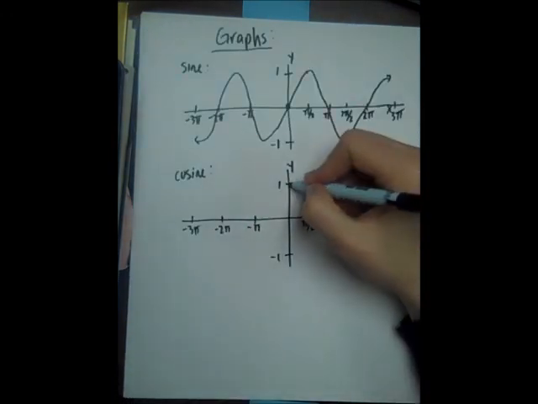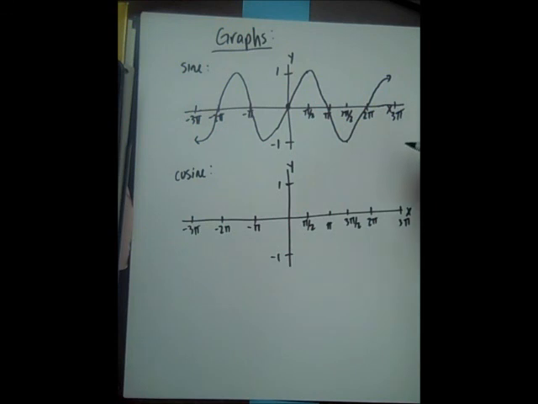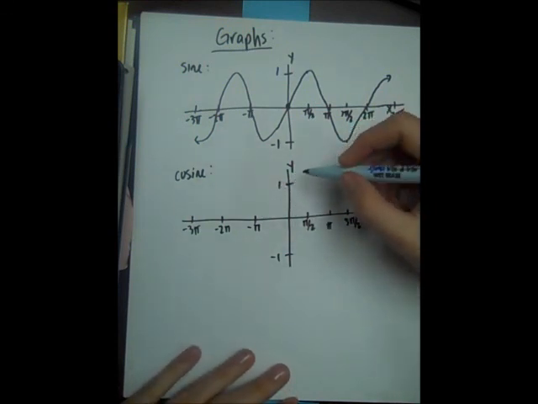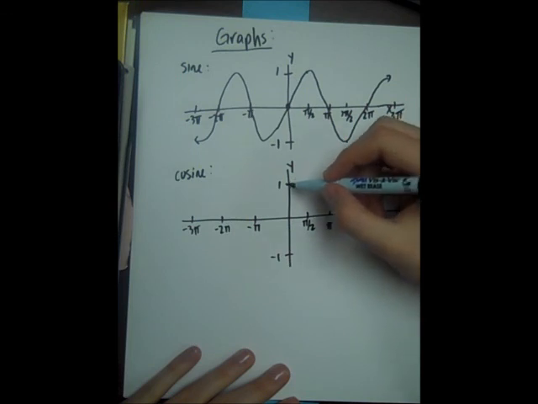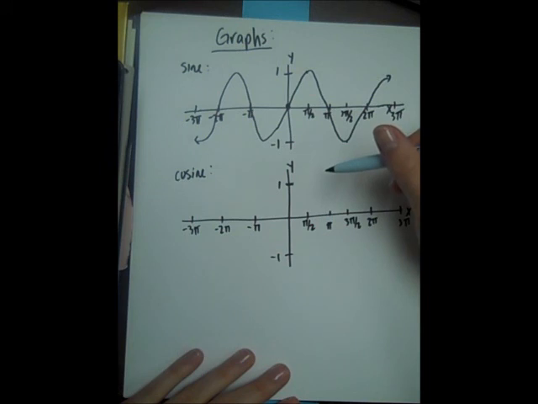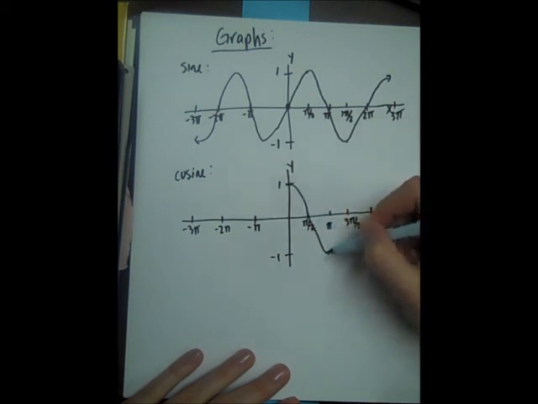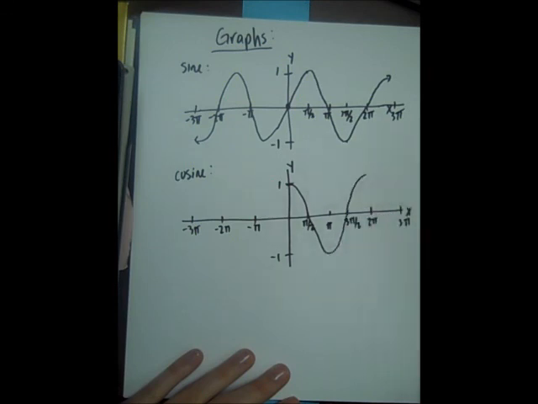So this one's going to start at 1, then it's going to decrease. So let's see, I'm going to decrease until I get to -1, and that's at pi. And I know that at pi over 2, I'm going through 0, so it'll be kind of this. Then I'm going to go back up, and then start repeating.